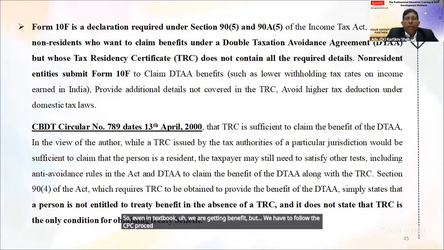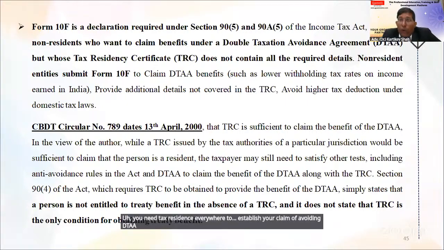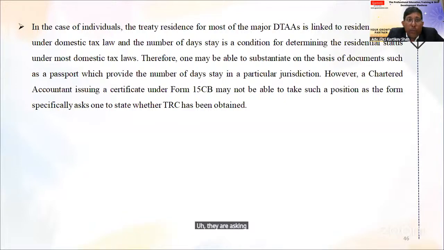Like that, in DTAA it is not necessary that you need a tax residence certificate to establish your claim of avoiding double taxation or foreign tax credit. But for getting that credit, you must possess a tax residence certificate, because in the forms they are asking for the details of the TRC.